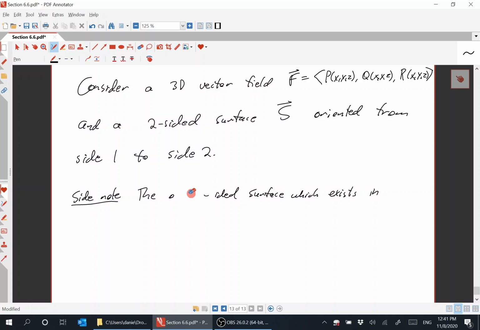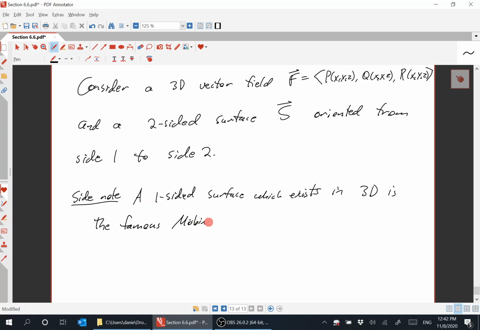Not the only. So, a one-sided surface which exists in 3D is the famous Mobius band. And the Mobius band looks like this.